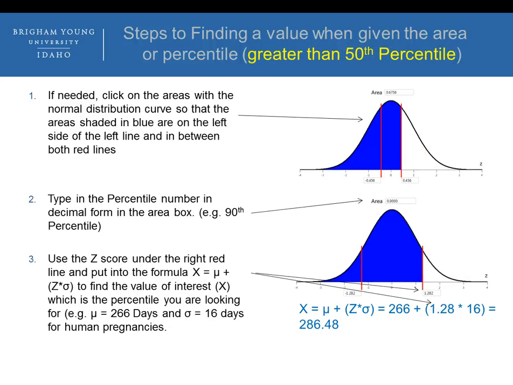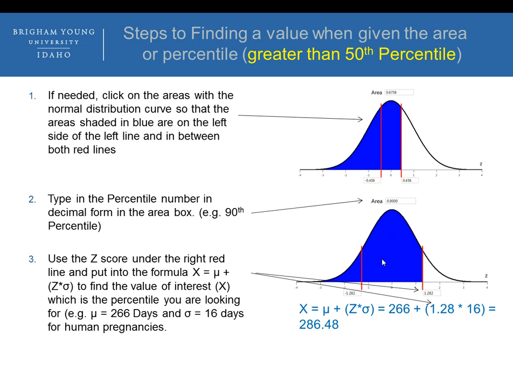One more example: what if we have something greater than the 50th percentile? What I'd recommend is making sure that these areas on the applet are shaded. Then, like the last example, put in the percentile in decimal form. So if it's the 90th percentile, put in 0.9. Then use this formula again.